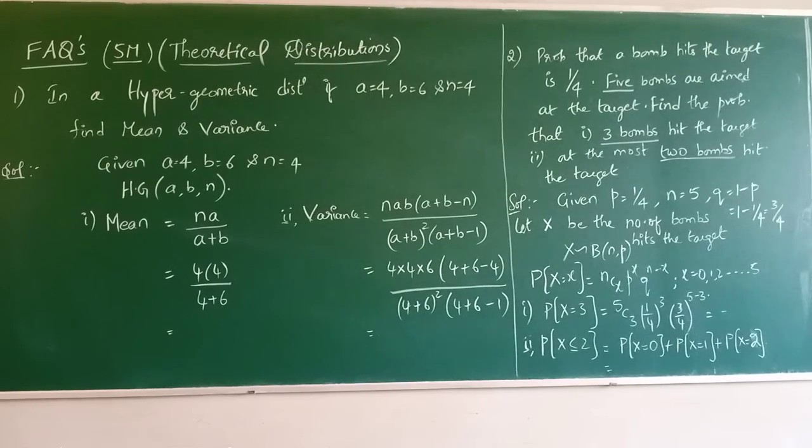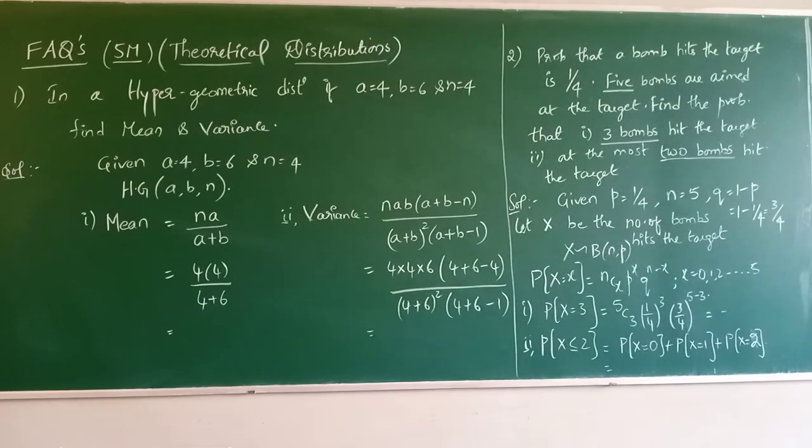P of x equals 0 plus P of x equals 1, and less than or equal to 2 is asked. That's why P of x equals 2 also should be taken. P of x equals 0, substitute in the PMF: 5c0 (1 by 4) whole power 0 and (3 by 4) whole power 5 minus 0, plus 5c1 (1 by 4) whole power 1 (3 by 4) whole power 5 minus 1, plus 5c2 (1 by 4) whole power 2 (3 by 4) whole power 5 minus 2.